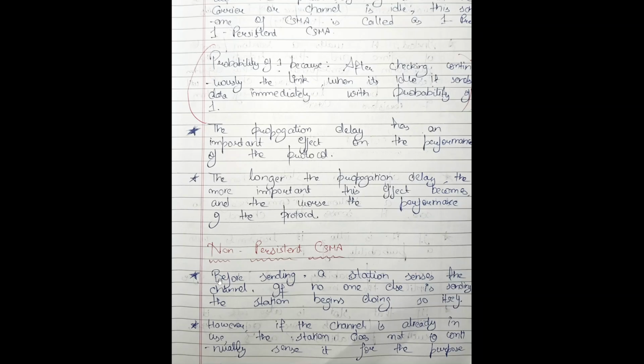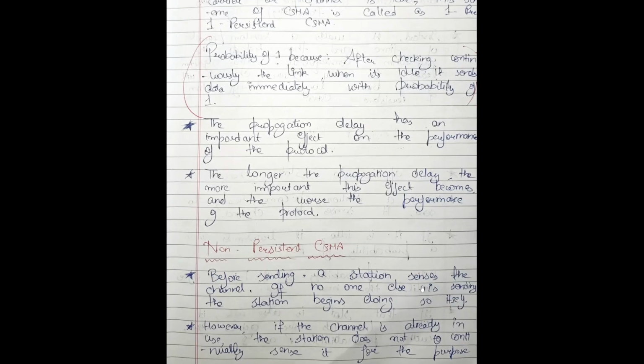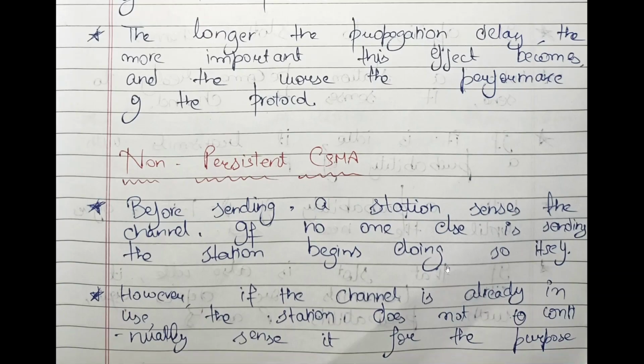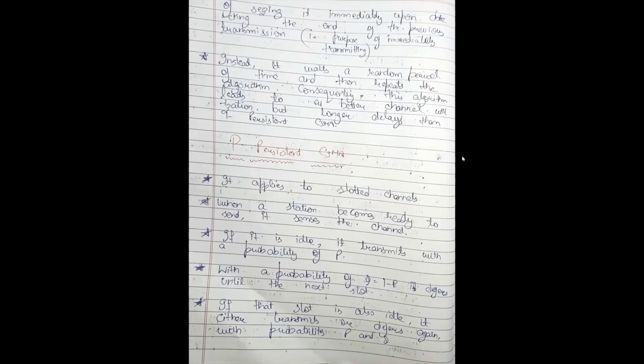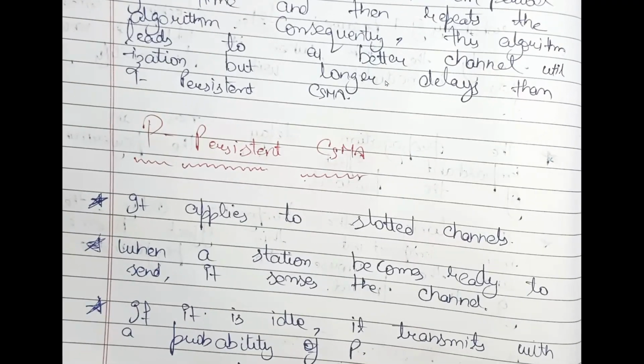Okay, before sending, a station senses the channel. If no one else is sending, the station begins doing so itself. However, if the channel is already in use, the station does not continually sense it for the purpose of seizing it immediately upon detecting the end of the previous transmission.